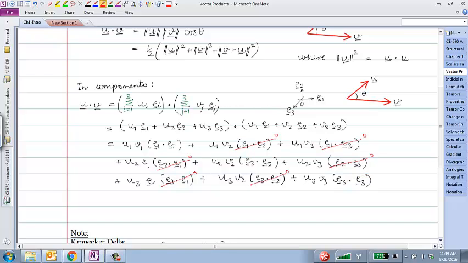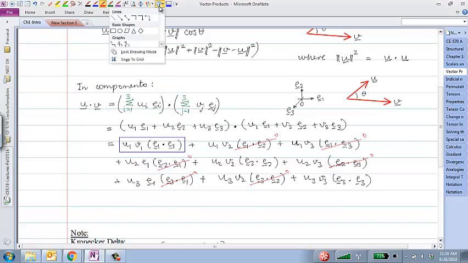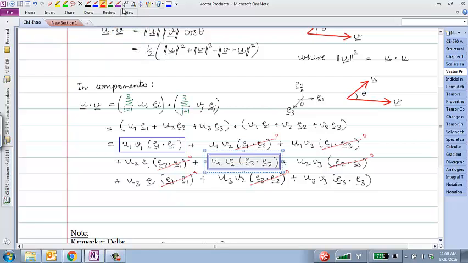The only non-zero terms in this expression are the first one, U1 V1, and then the other two non-zero terms are U2 V2, and finally U3 V3.